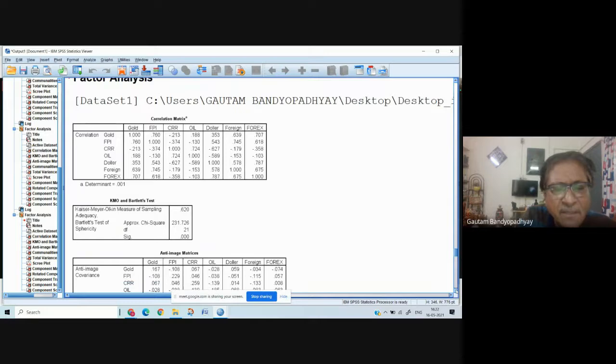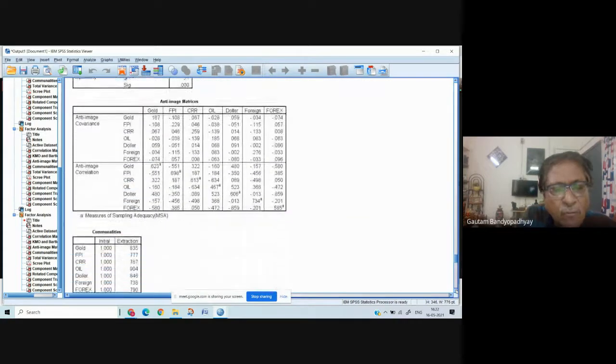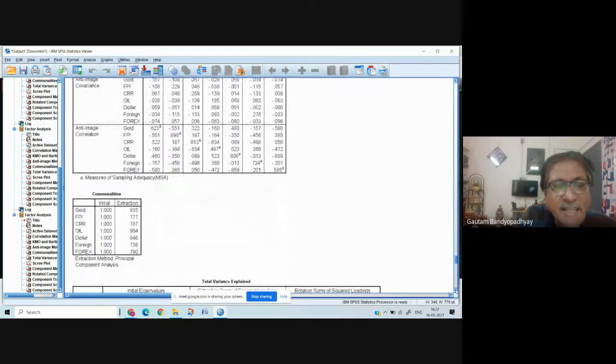Now you have to check the communalities. All values are greater than 0.6, so the average communality is also greater than 0.6. So now we can take these 7 variables for the factor analysis.